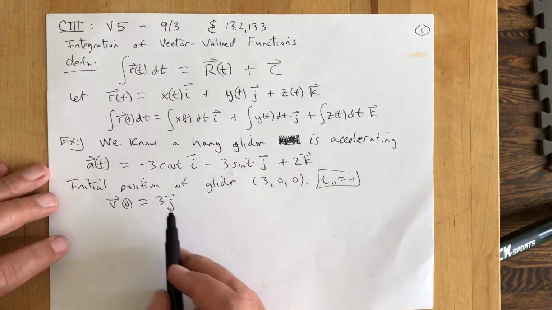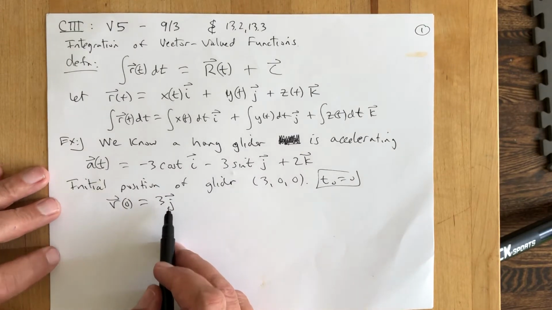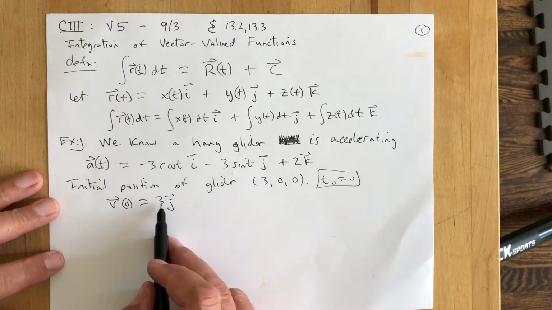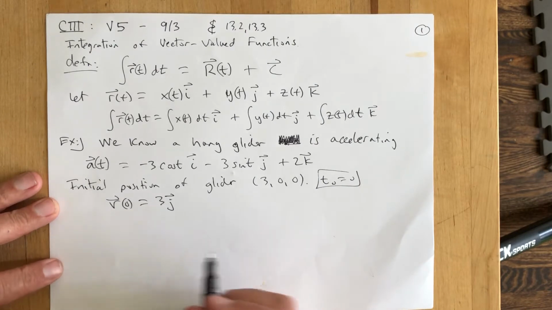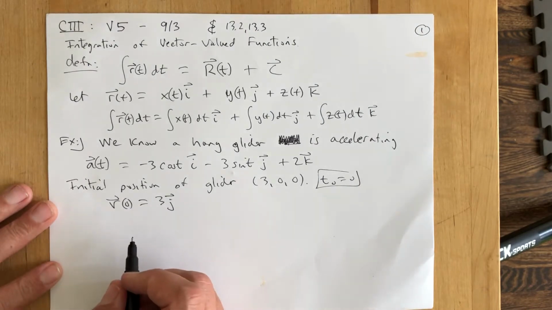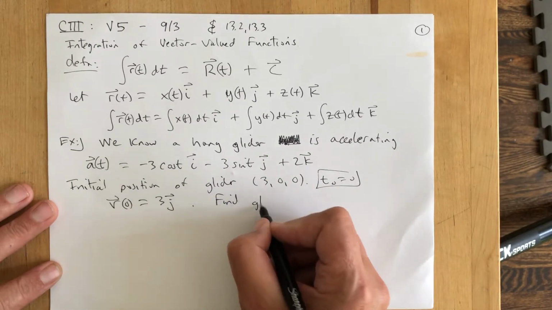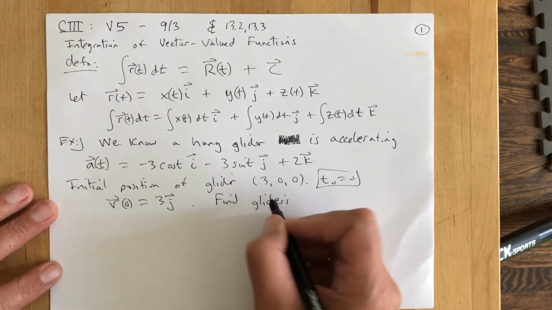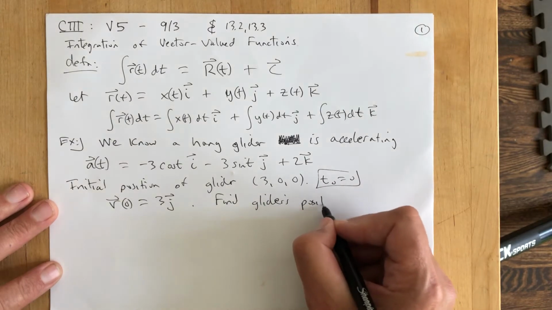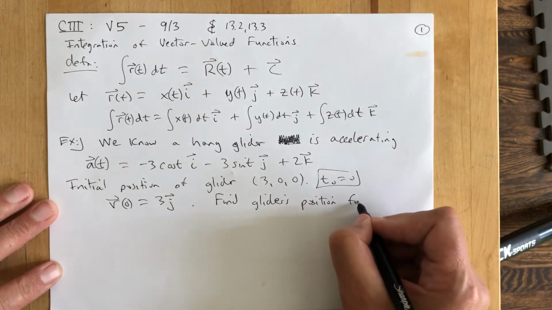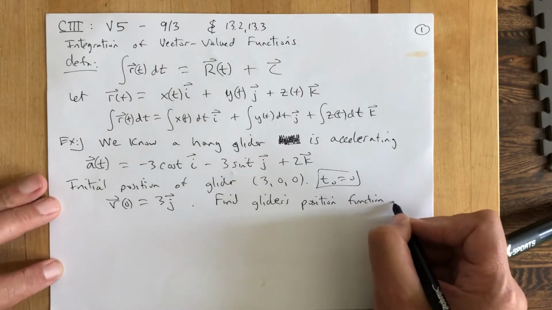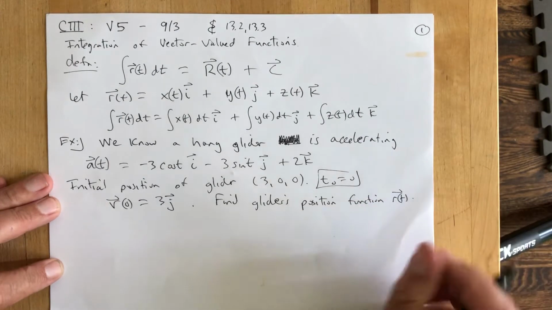So it's going in the j direction at this rate, which is 3. Okay. So what we want to do now is find the hang glider's position function, r of t.